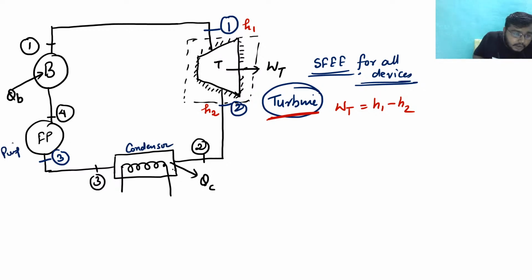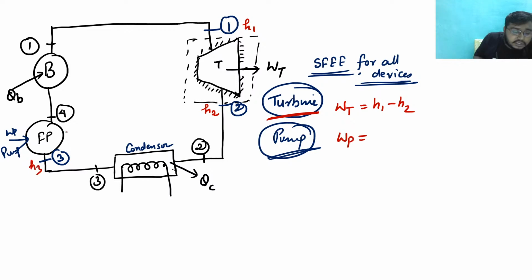In the pump we are giving the work, that is WP. Clear? Now how can I write for a pump? If this is WP, this is state 3, so this is H3.